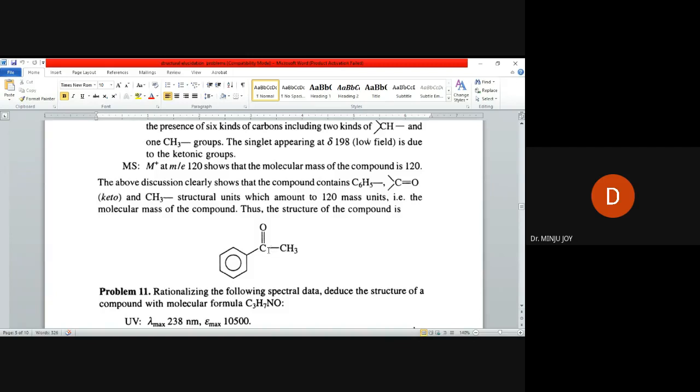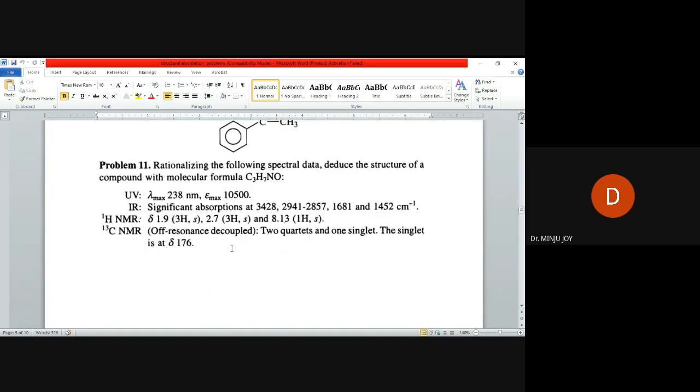How does it come as a singlet? It has to be attached to a carbonyl group, with values around 2.1. So this is the 198 carbon value for the C13, and if you calculate the total mass, it is 120, and we get the fragments in the given data. So like this we elucidate the structure.